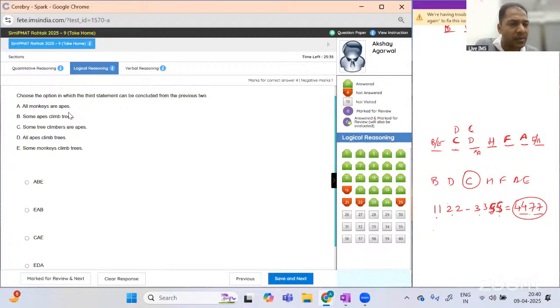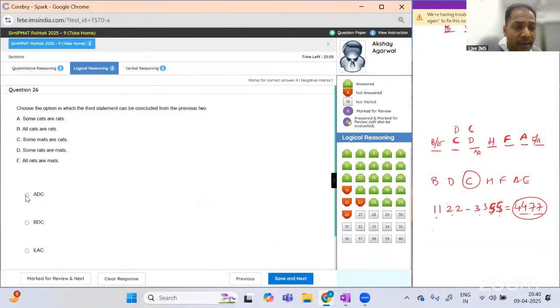All A's are B's. Some B's are C's. Doesn't make sense. Monkeys should be something now. EAB. All monkeys are apes. Some monkeys climb trees. Some apes climb trees. How did I miss out this one? Sorry. Option B. Let's move on.